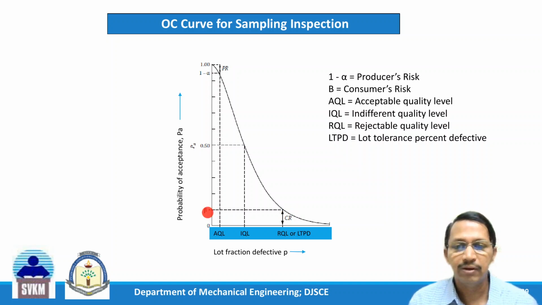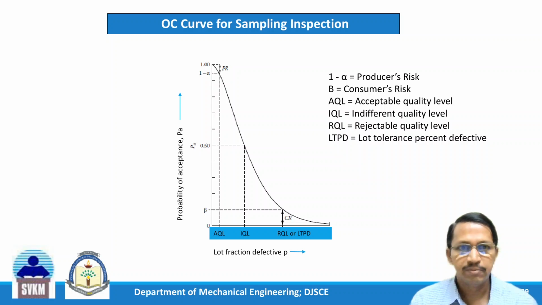Beta is called consumer's risk. So the probability of acceptance of this rejectable quality is beta, and usually it is 10%. So even though the lots produced by the producer have this limiting quality and should be rejected, still the customer is going to accept that percentage of lots. So this is called consumer's risk.